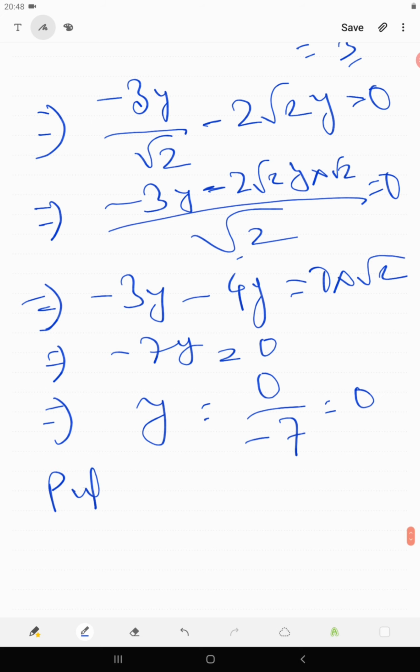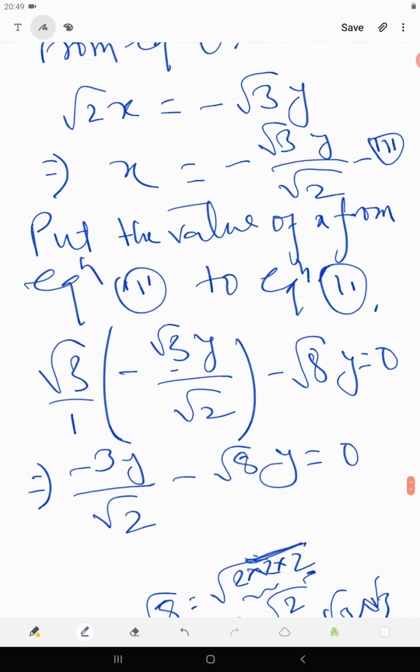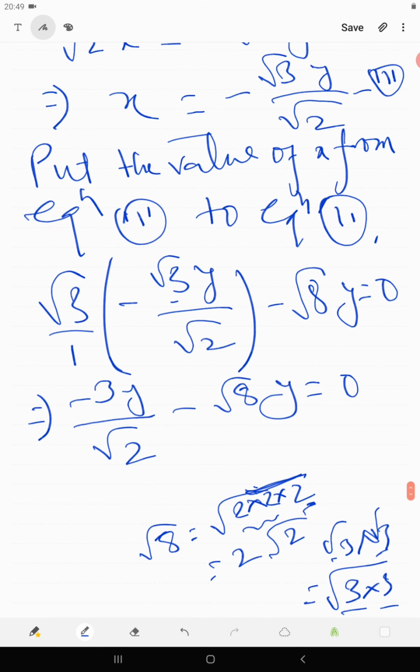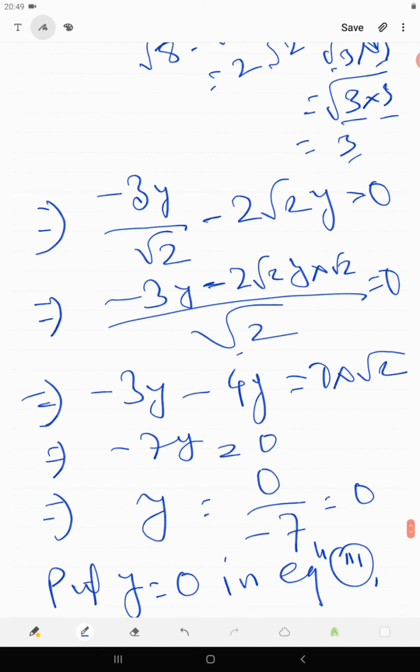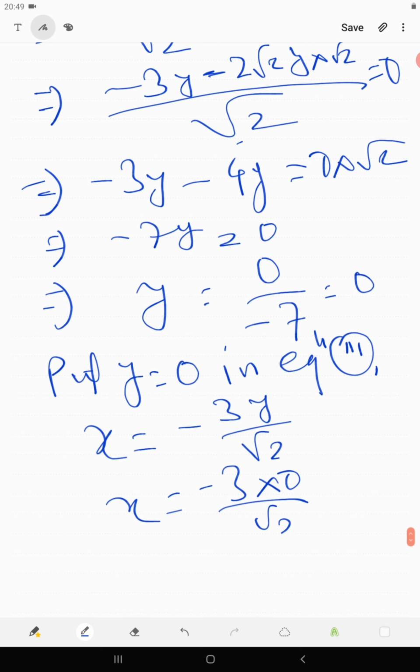Now put y equals 0 in equation 3. What we will get? What was equation 3? This one: x equals minus root 3y by root 2. Correct? Now put y as 0. So what you will get? Minus 3 into 0 by root 2. Now anything multiplied with 0 is 0, divided by root 2. 0 divided by anything is 0.